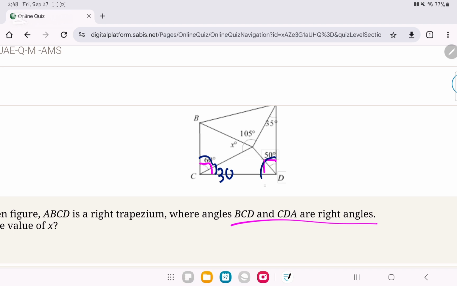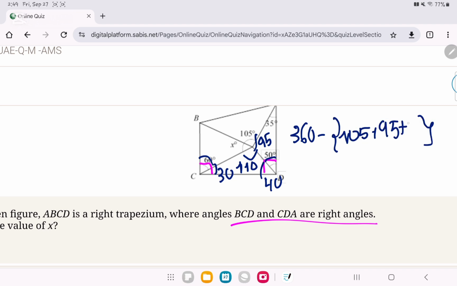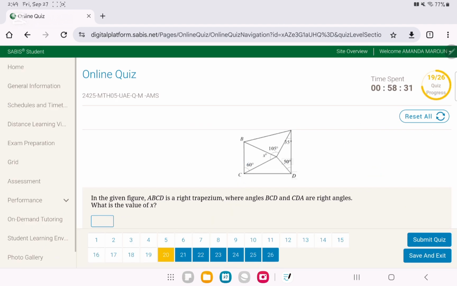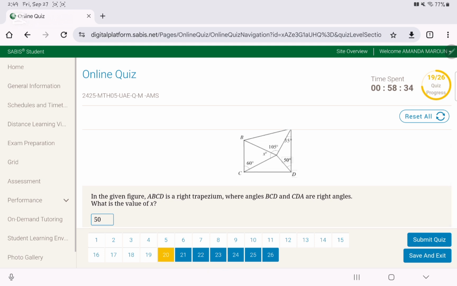If this is 50, then this is 40. Then 180 minus (30 plus 40) gives us 110. Then 180 minus (35 plus 50) gives us 95. So to find the value of x, we do 360 minus (105 plus 95 plus 110), and it gives us 50. So the answer here is 50.